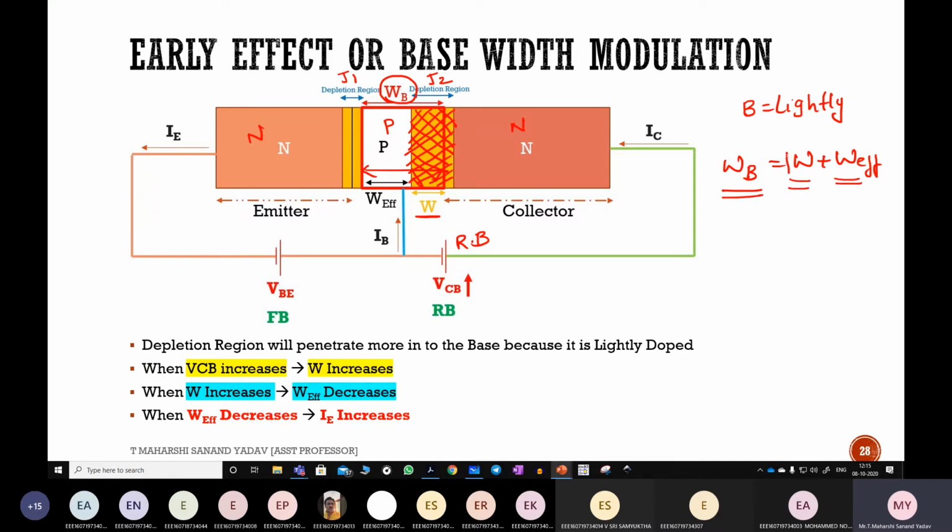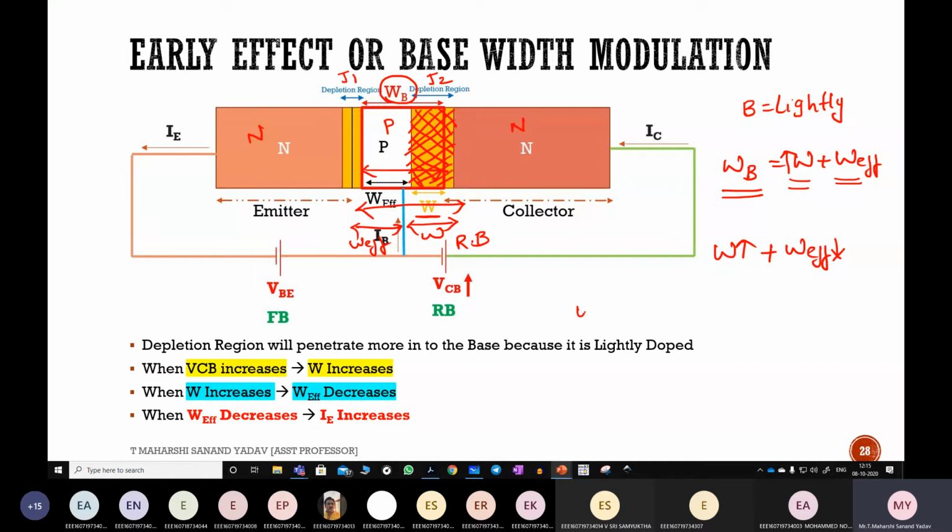Now as W is increasing because of VCB, what will happen to W effective? See it here. It decreases, obviously. From here to here, this is nothing but the portion of the base. In that, already part is occupied by W and the leftover part is W effective.